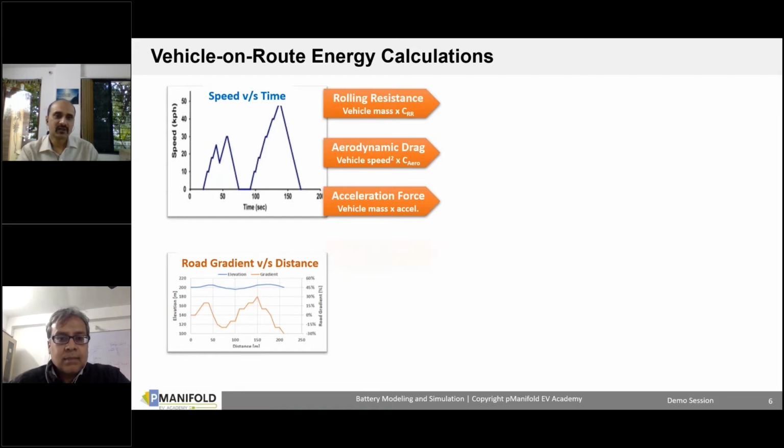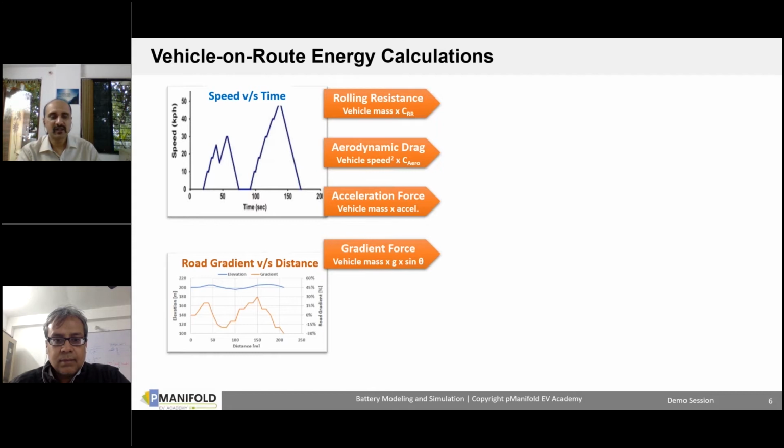So the inputs that we need for our vehicle model is the speed profile that the vehicle is going to follow. Some representative speed profile. It could be a standard speed profile from a regulation cycle, or it could be a real world user profile that you have identified to be the representative one.